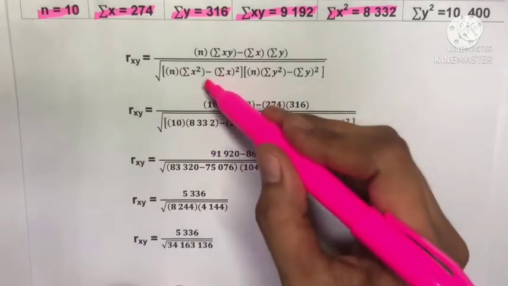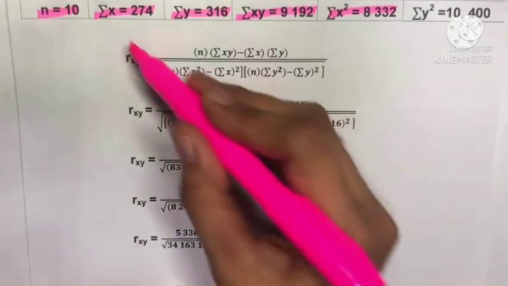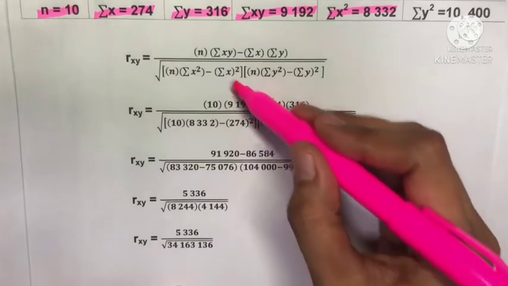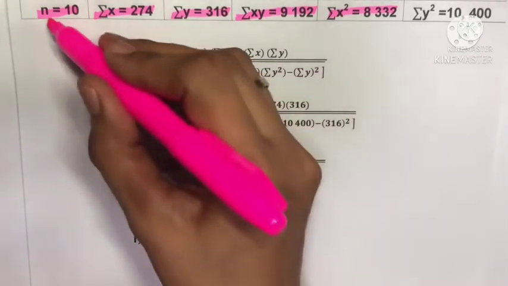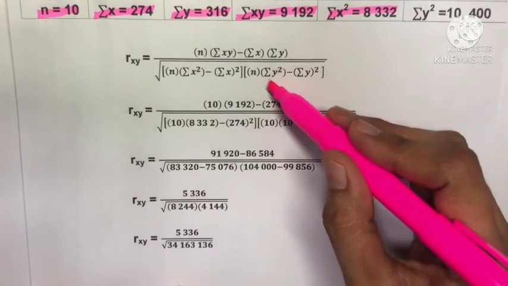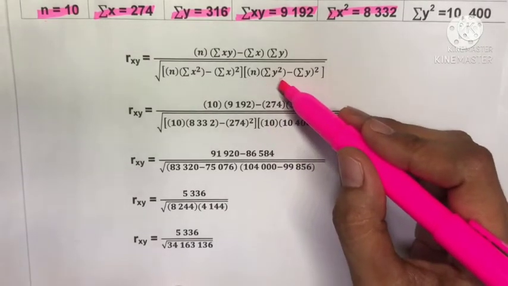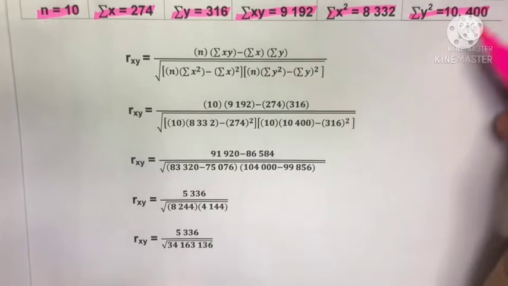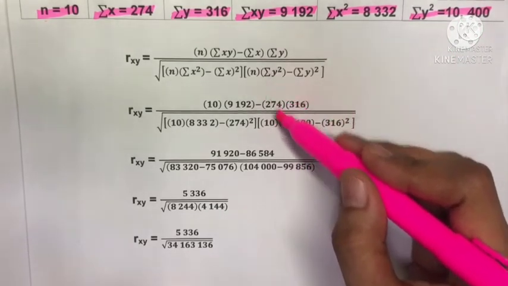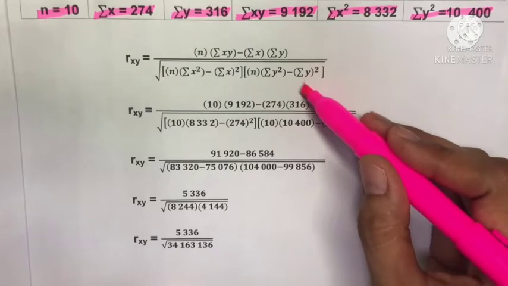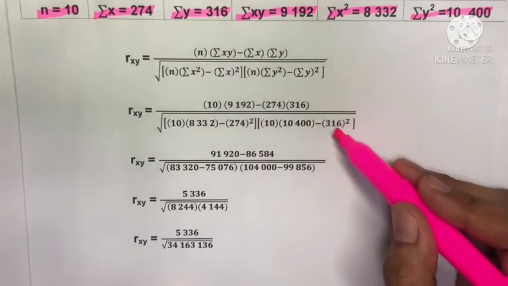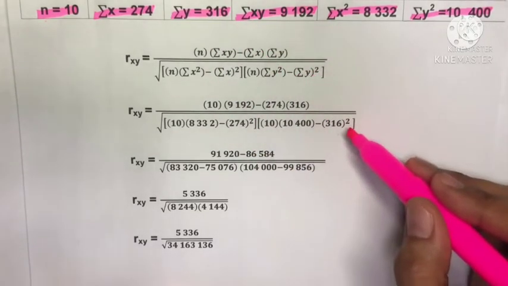8,332, minus summation of x, which is 274 quantity squared, times our n, which is 10, times summation of y squared, which is 10,400, minus summation of y is 316, quantity squared.